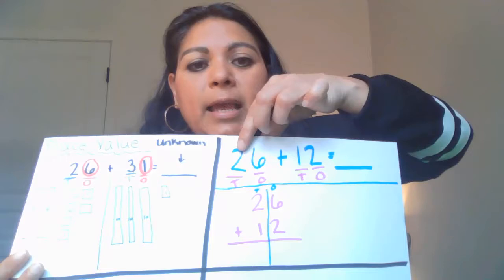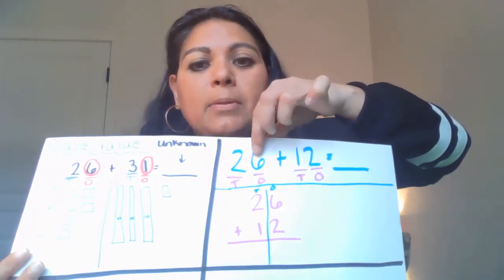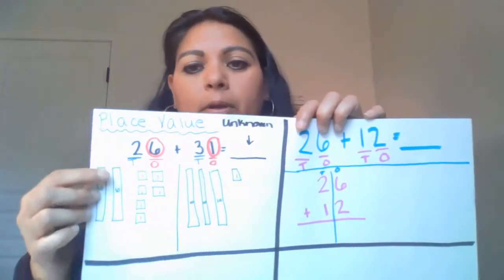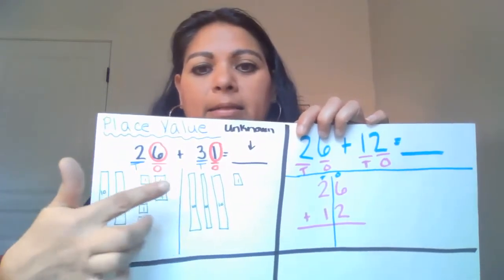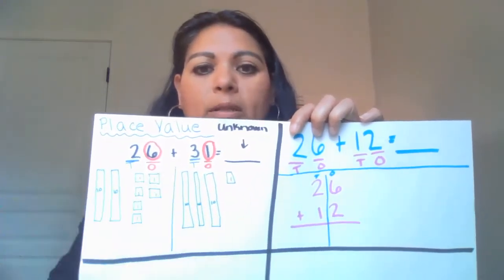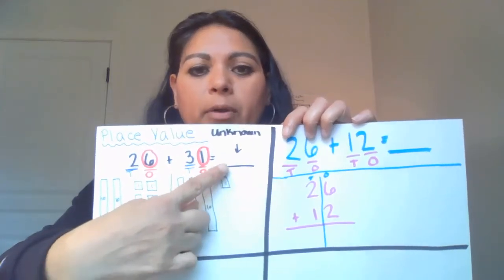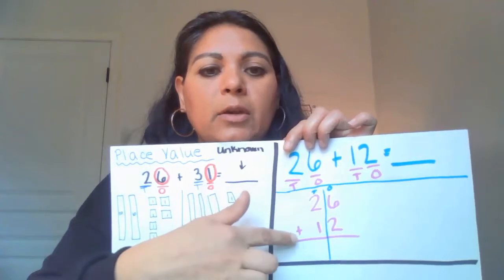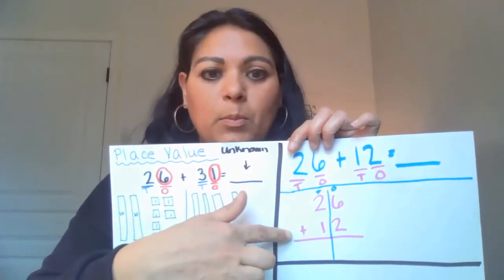First grade, as we usually do, place value it. Place value your tens place, and then place value your ones place. I have it written over here: underline the tens place, and circle the ones place, and your sum goes right over here. No matter if it's written horizontally or vertically, you solve it the same way.